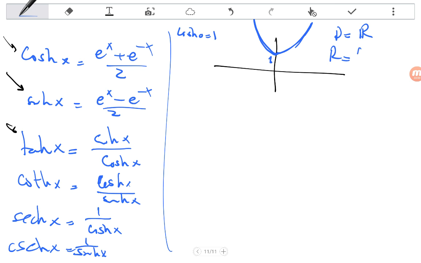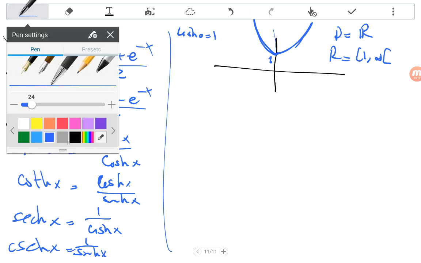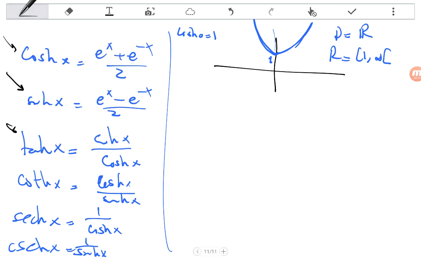from 1 to infinity. The range is from 1 to infinity. Now remember that cosh of something is always greater than or equal to 1. It is not just a positive number, it is a number greater than or equal to 1.